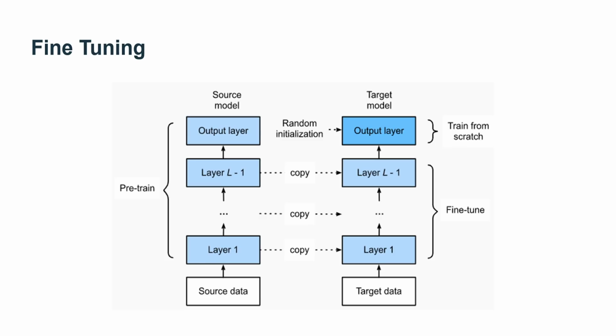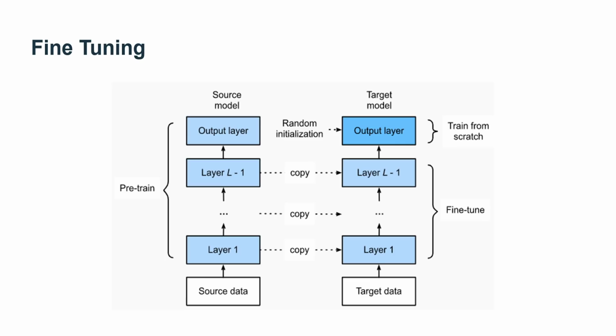We also assume that the output layer of the source model is closely related to the labels of the source dataset and is therefore not used in the target model. Third, add an output layer whose output size is the number of the target dataset categories to the target model and randomly initialize the model parameters of this layer.